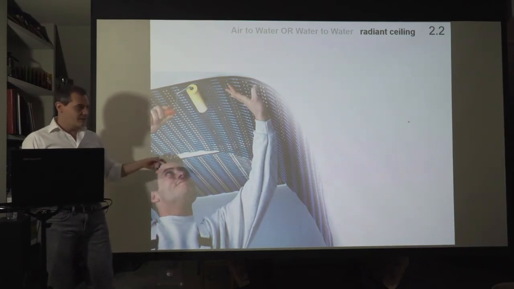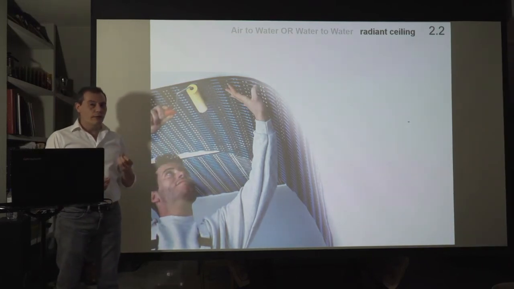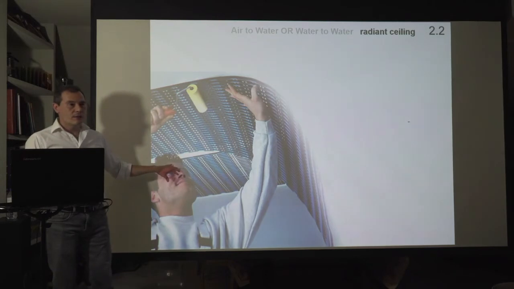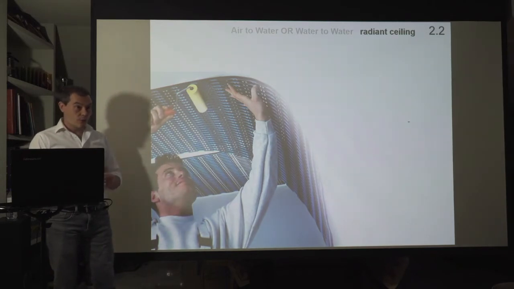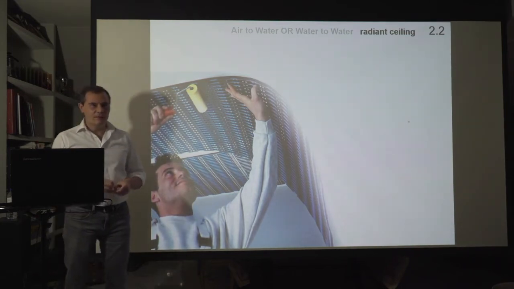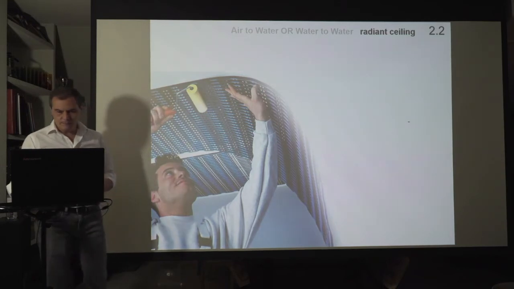It's something very good, especially for cooling, but very complicated, and very few buildings have this. In terms of comfort and probably energy savings, this is a very good system for cooling, but it's not used because it's very complicated, and probably it's more expensive.